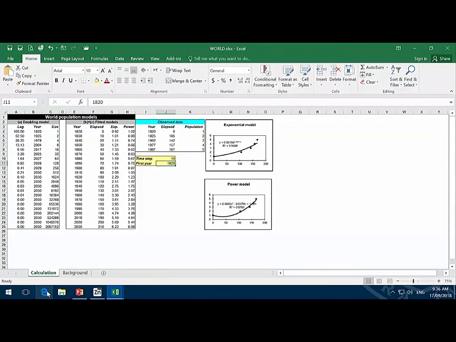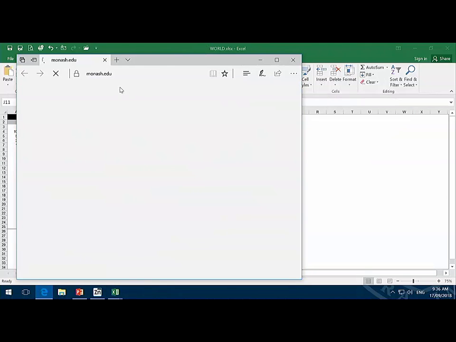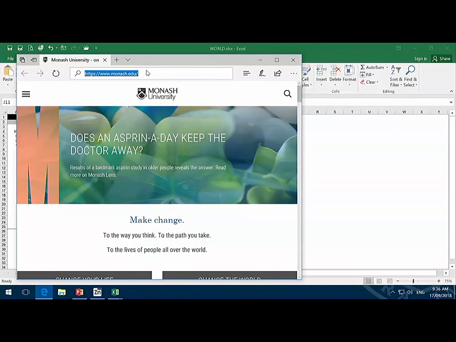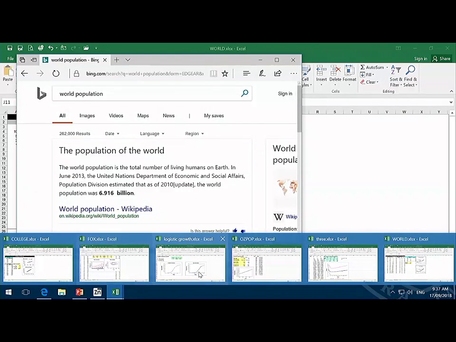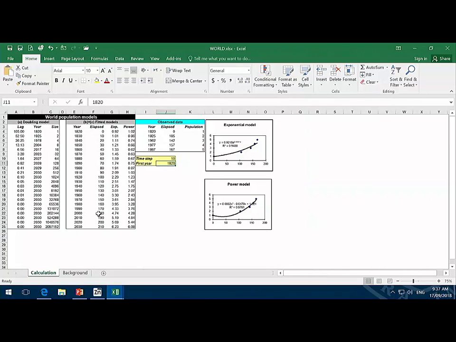So we can check how well these models do. What's the world population? 6.916 billion. So at 2020, both of them are running under. Neither of these models is particularly good.